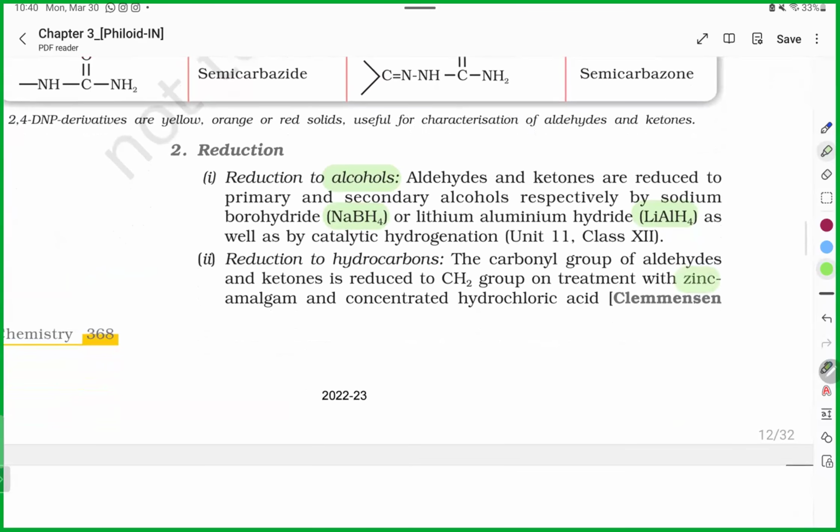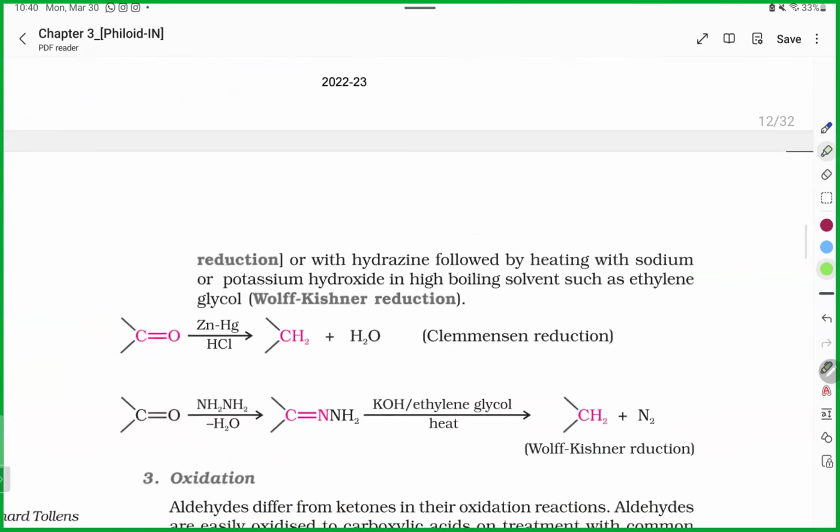If you use zinc amalgam with concentrated HCl, this is known as Clemmensen reduction. See here. If you take any aldehyde or ketone, zinc amalgam, zinc mercury, and react with HCl, what will happen? Alkane. Hydrogen will be added. Wolff-Kishner, you first use hydrogen.